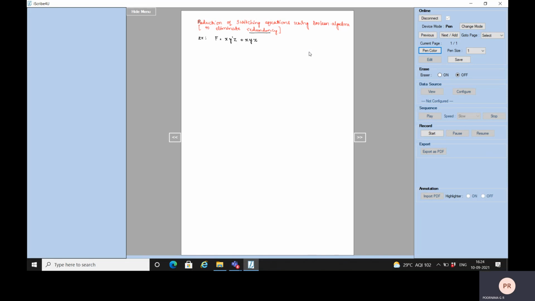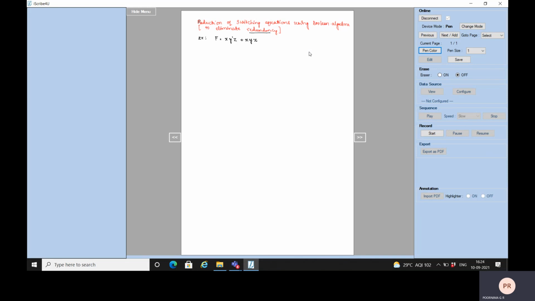If you look here, the expression has two minterms. One is x y bar z and another minterm is x y z.